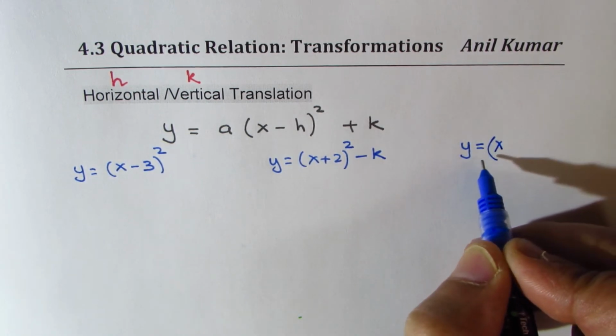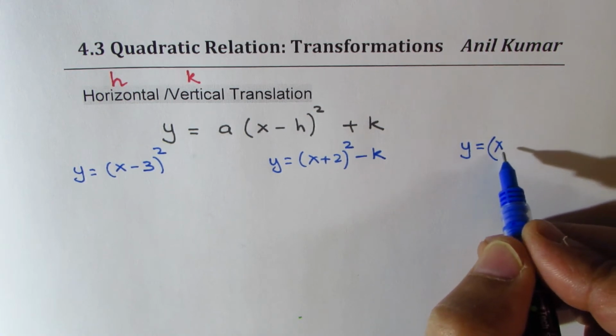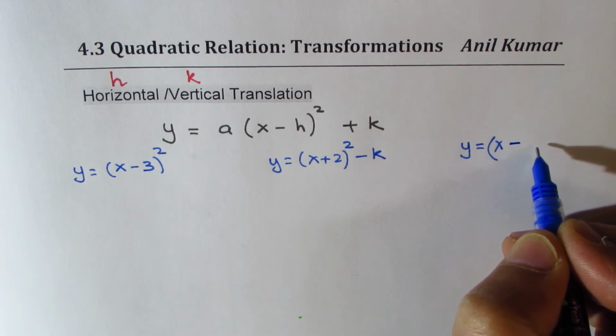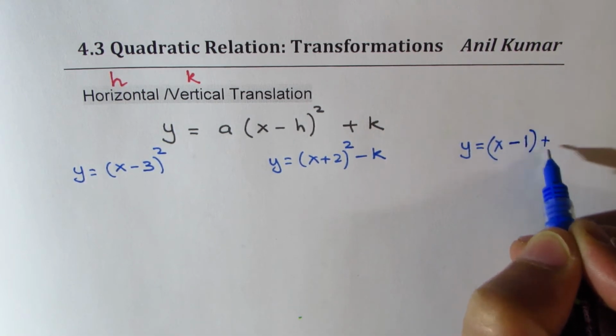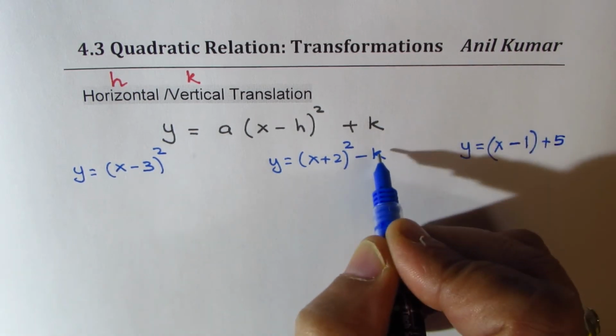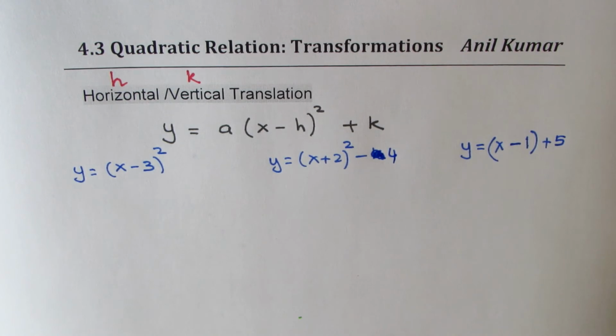let us say, so we are not taking any stretching factor at present, okay? Now let's take another minus with plus combination. Instead of k, I'll write the value 5. So let's say this value of k is 4, okay, whatever. So these are a few equations. Let us see how to sketch them.